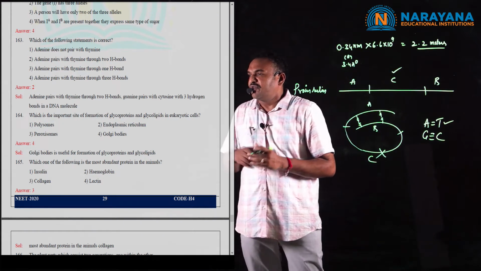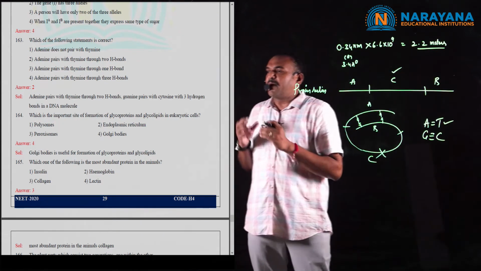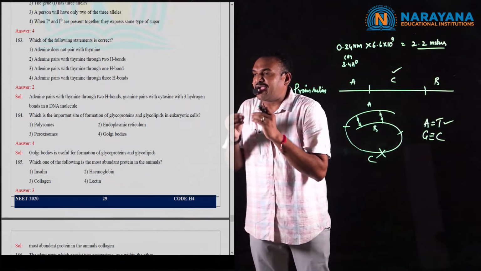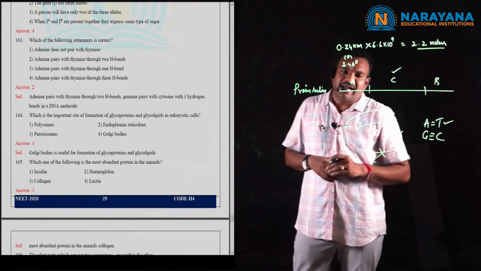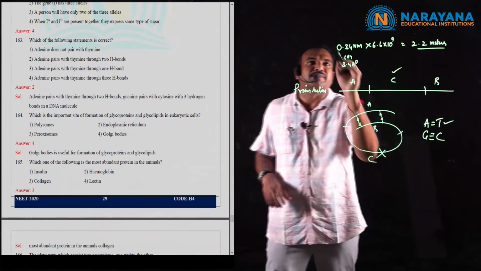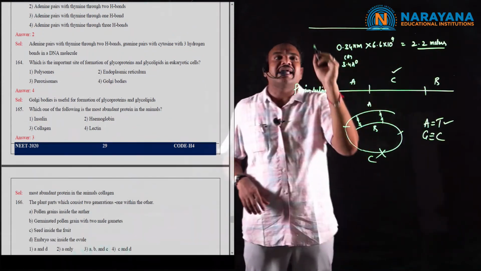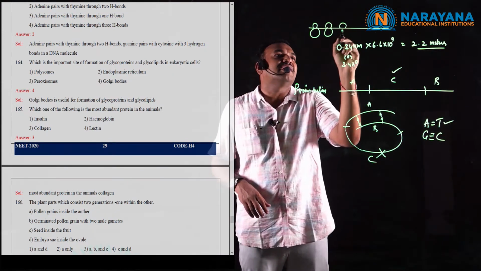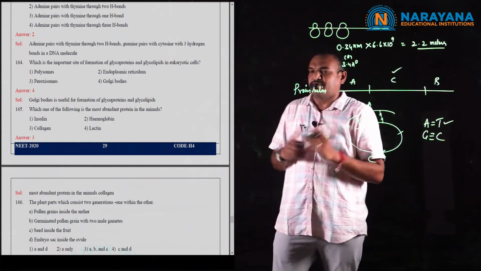And question number 164. Which is the important site of formation of glycoproteins and glycolipids in a eukaryotic cell? In the first option, that is polysomes. What is a polysome? An mRNA with many ribosomes we can call a polysome or polyribosome.